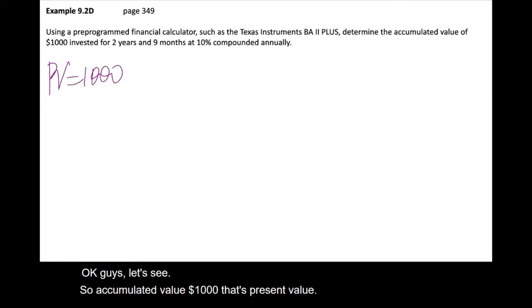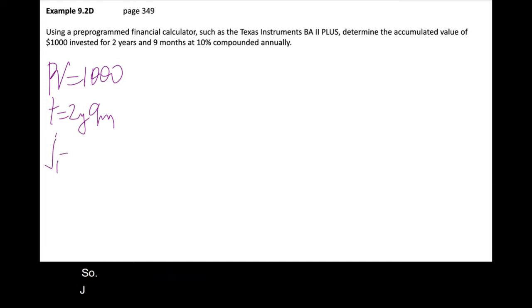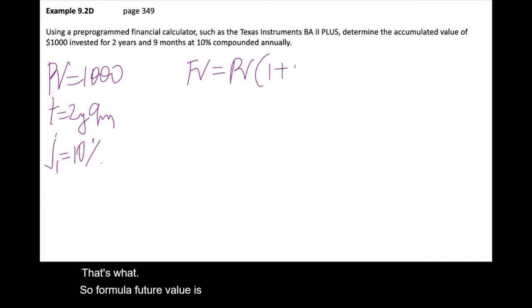Okay, guys, let's see. Accumulated value $1,000, that's the present value, invested for a time of 2 years 9 months, J1 is 10%. That's what you know. So the formula for future value is PV times (1 plus i) exponent n.